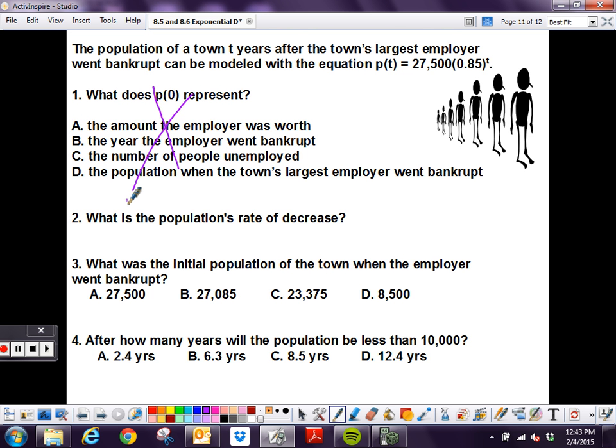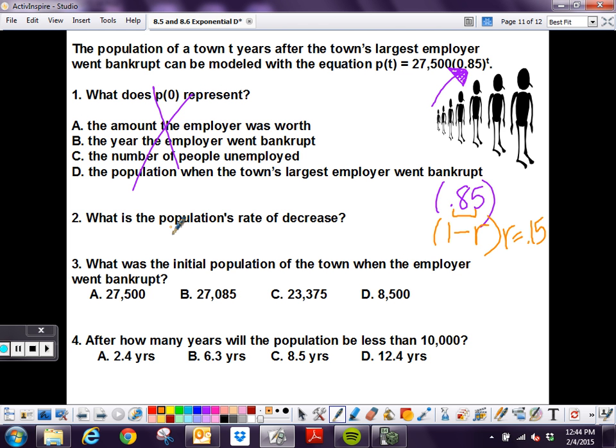Okay, so let's think about that. Now this is confusing right at first because our decay rate is right here. Okay, our decay rate is 0.85. But you have to think that that number was made from doing 1 minus our R. Okay, so if that's the case, 1 minus R is equal to 0.85, which means our original rate was 0.15.